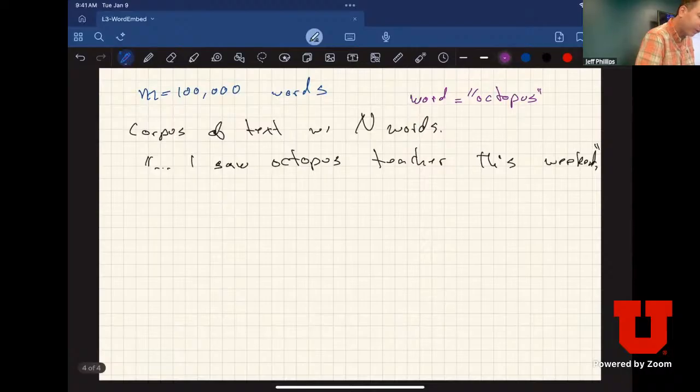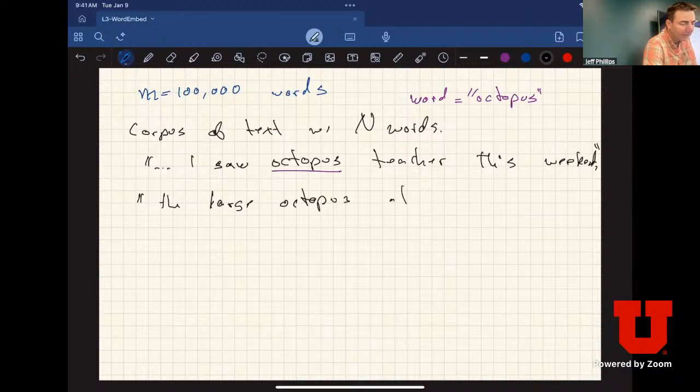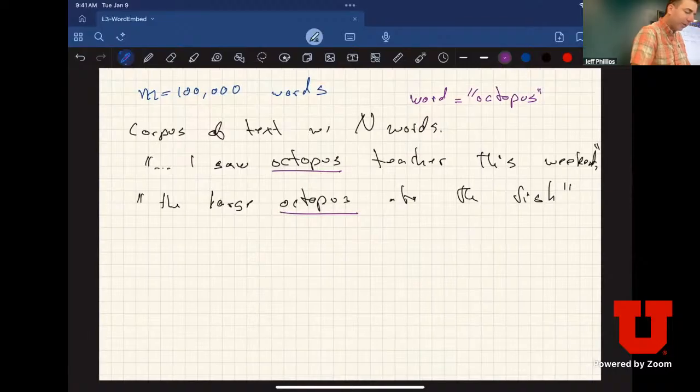There's going to be another sentence, say, large octopus ate the fish. So you also see the octopus in this context. There might be other sentences before it.